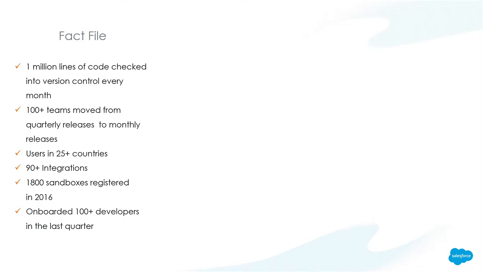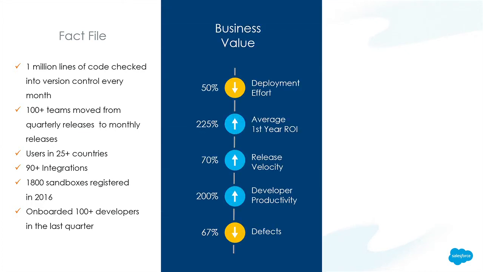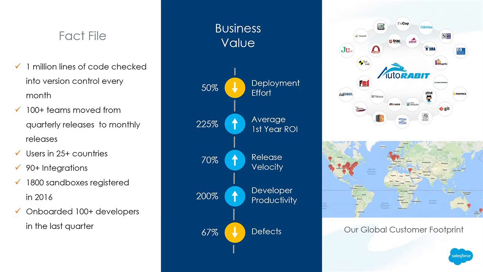So this is a quick overview of who we are, what we do. AutoRabbit is a continuous delivery platform, specifically purpose-built for Salesforce, and especially for Force.com. Our platform does about 5 billion records of data load every year across our clients, and more than a million deployments and check-ins.